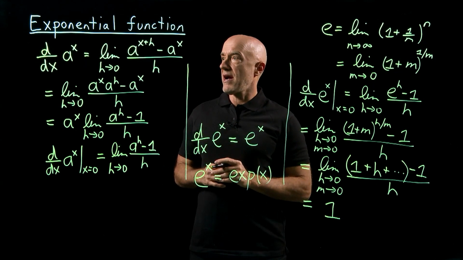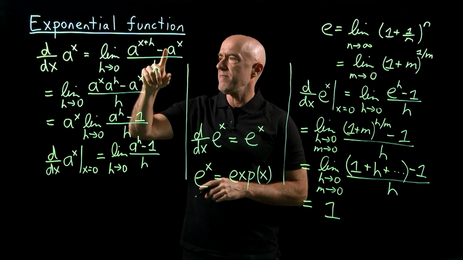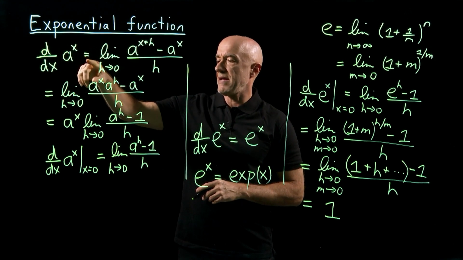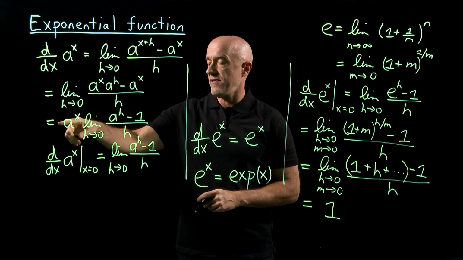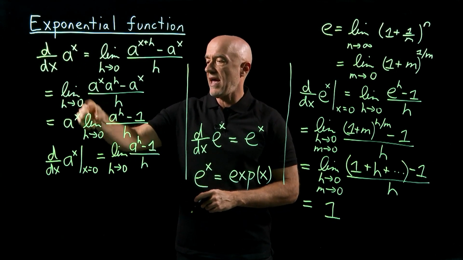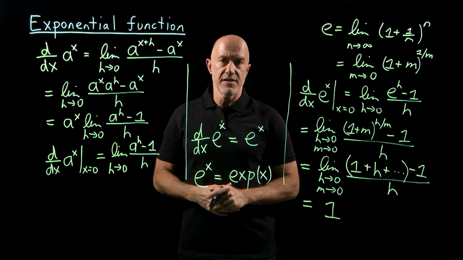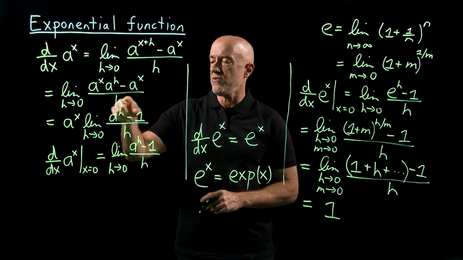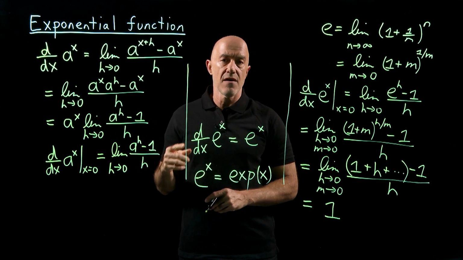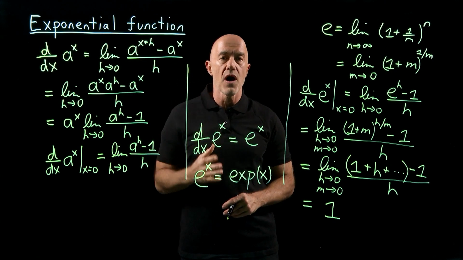So let me summarize. We're trying to find the derivative of the exponential function. I'm starting with a general base a, and I've shown that the derivative of a to the x is equal to a to the x times the value of the derivative of a to the x at x equals 0. And there's a special number where the value of the derivative of a to the x at x equals 0 is exactly equal to 1.